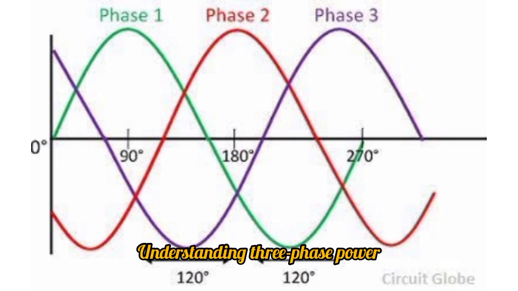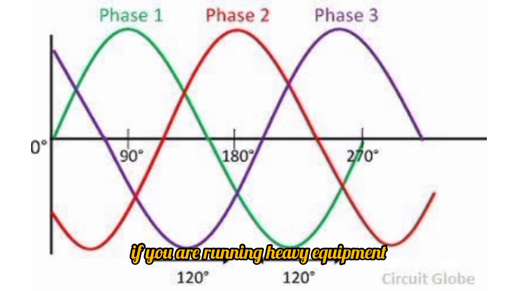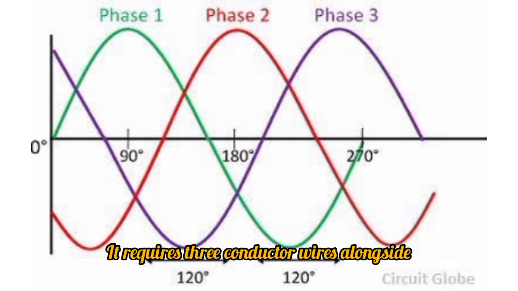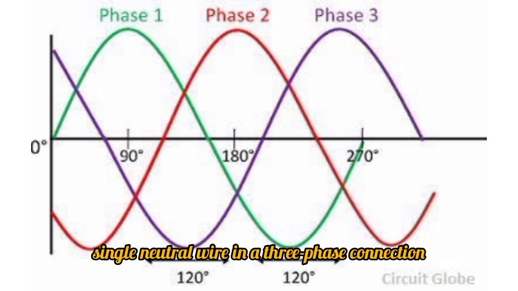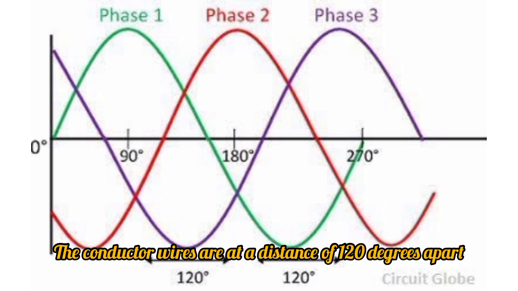Understanding three-phase power and how it works is important if you are running heavy equipment. It requires 3 conductor wires alongside a single neutral wire in a three-phase connection. The conductor wires are at a distance of 120 degrees apart.